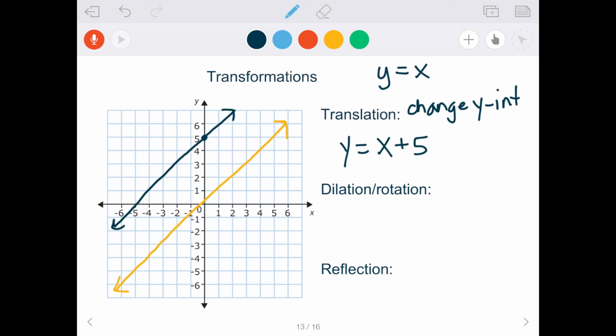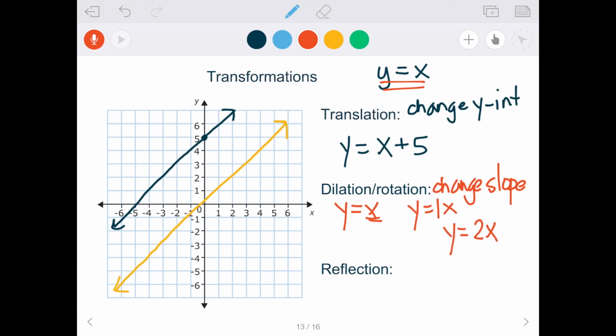Dilation or rotation, you are changing your slope. This will tilt your line up or down. So if I go back to the parent function of y equals x, if I want to rotate it, I need to put a number, a coefficient in front of this x. Right now the slope is 1. So if I wanted to make it steeper, I would make a slope that's higher.